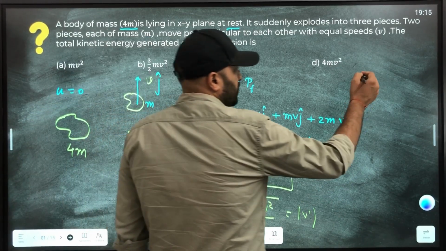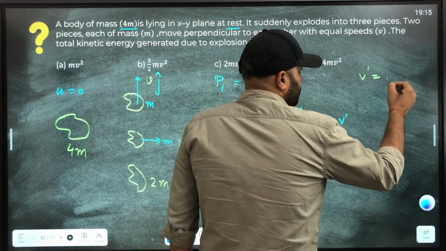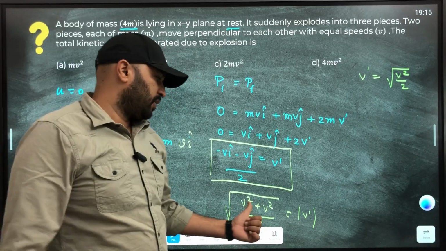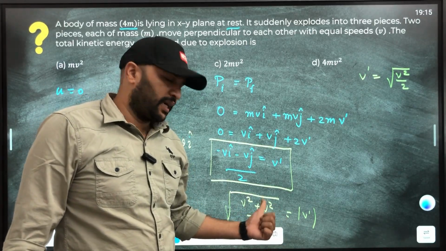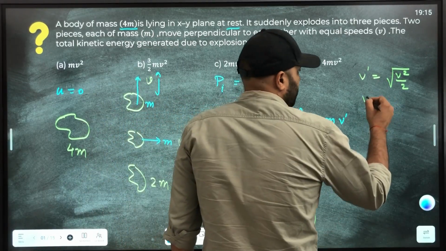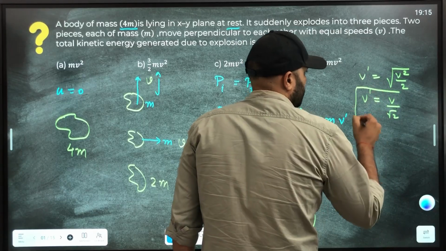So the magnitude of the velocity of the third piece is root under v square by 2. That gives v dash equals v by root 2. This is the velocity of the third piece.